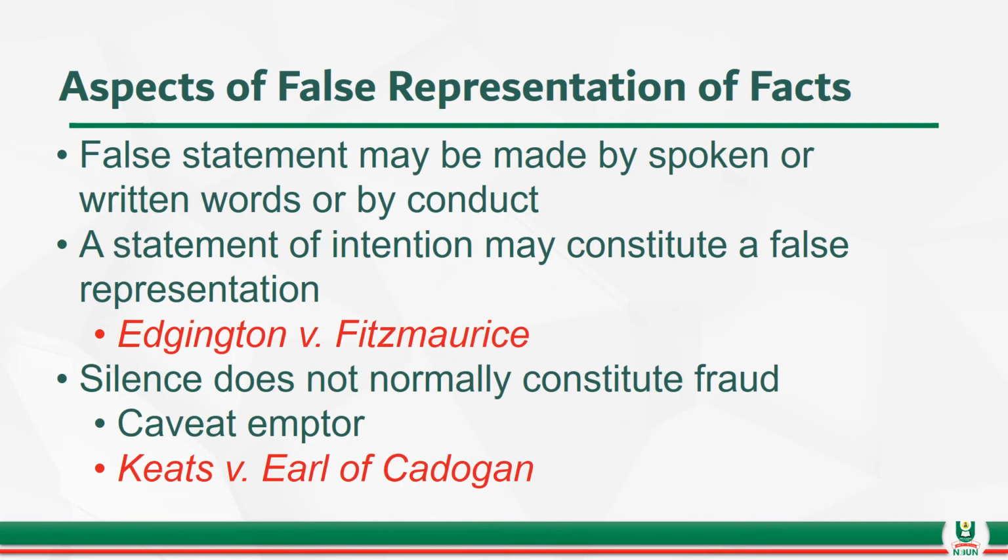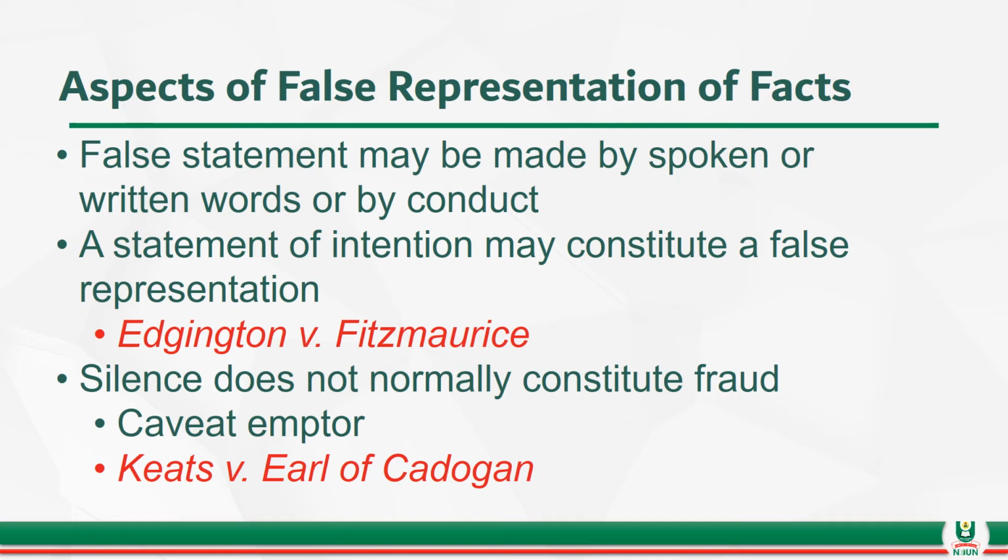Okay? The aspects of false representation of fact. The first thing you must note is that a false statement may be made by spoken or written words or by conduct. Spoken or written words is straightforward. If a word is spoken false or it's written down, then clearly you can determine whether it's true or false. You have heard the words.